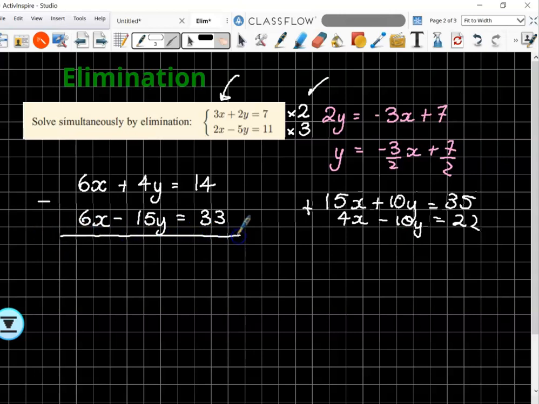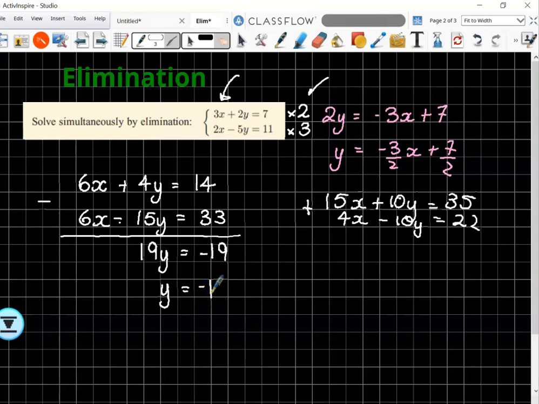Anyway, we carry on. What is 6x take 6x? No x. What's 4y take 15y? 19. 14 take 33 is minus 19. Okay? And therefore, what would y be? -1.